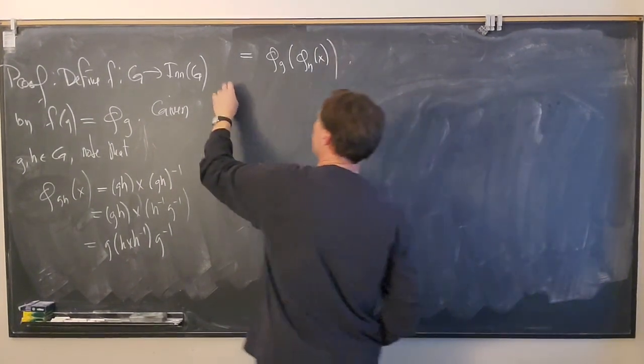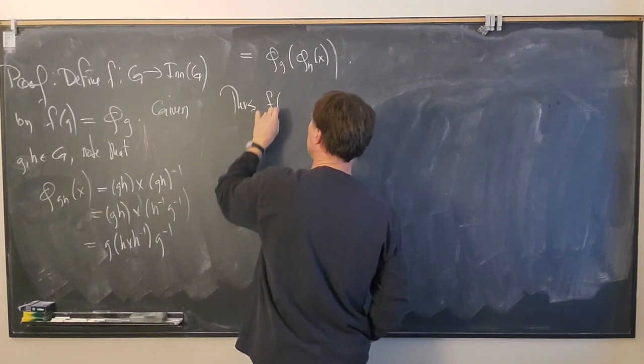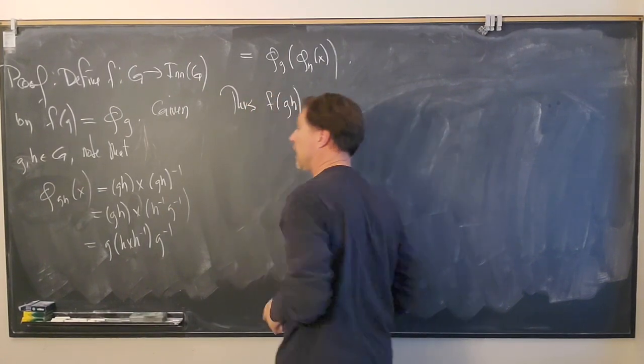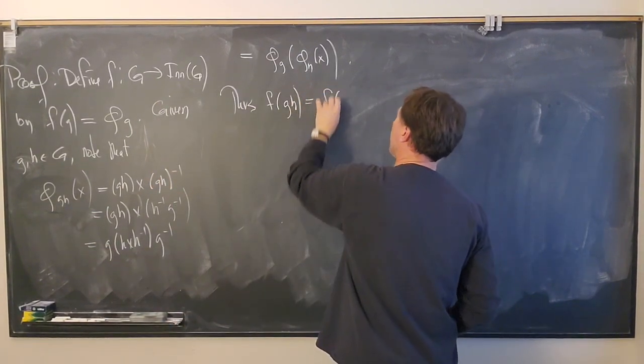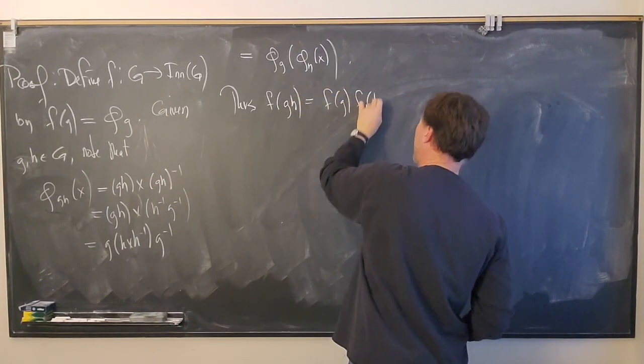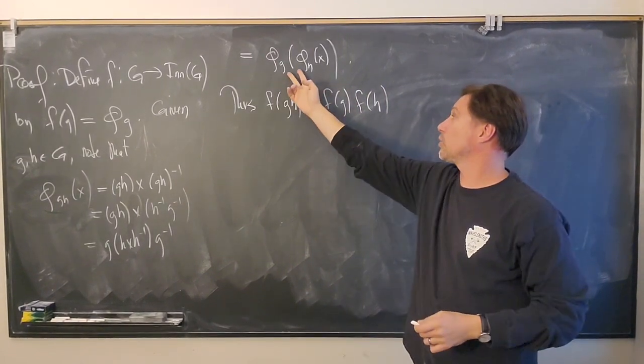Thus, we showed that f of gh is equal to f of g times f of h, where remember that times in this setting means composition of functions, which is what we have right there.